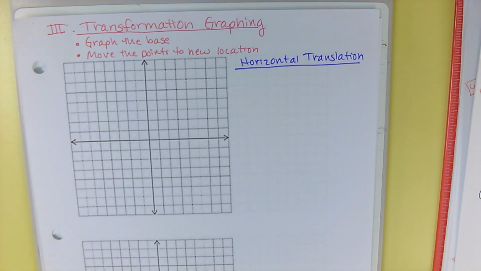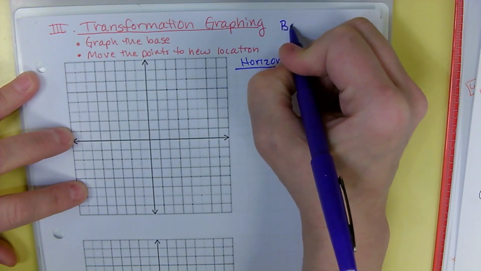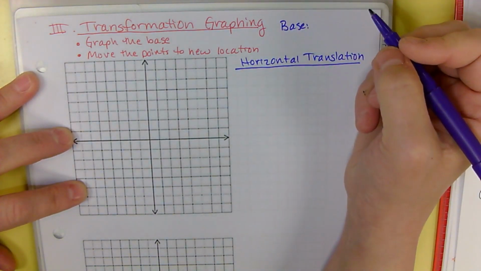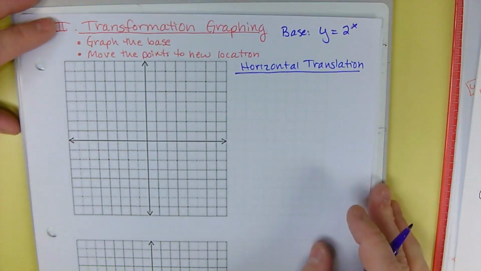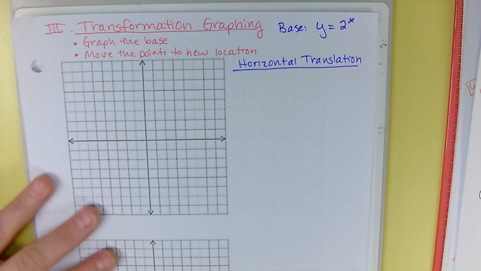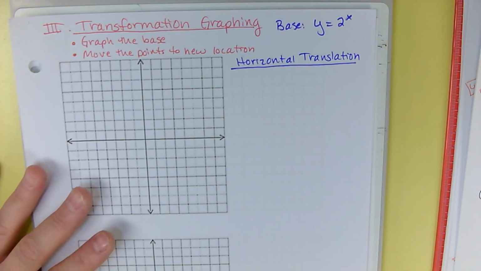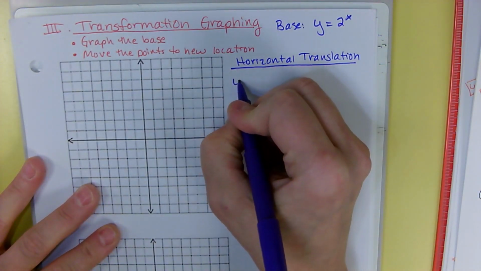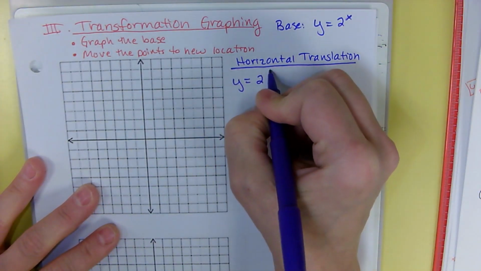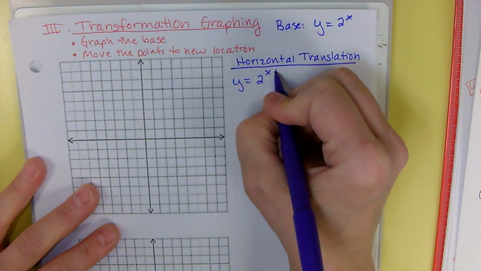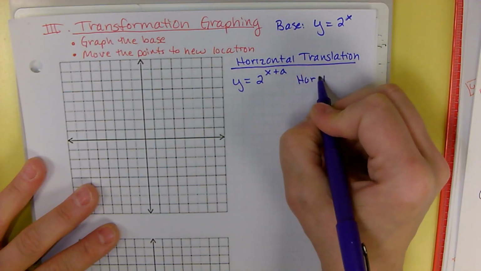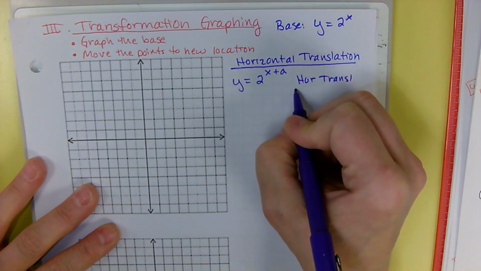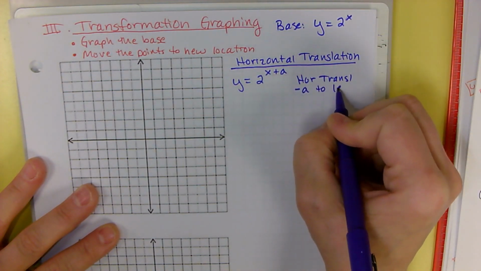Okay, horizontal translation is done to the x. So let's say that our base graph is y equals 2 to the x. That's the one that we're going to start with. So if it's been horizontally translated, if y equals 2 to the x plus a number a, we say that that is a horizontal translation, negative a to the left.